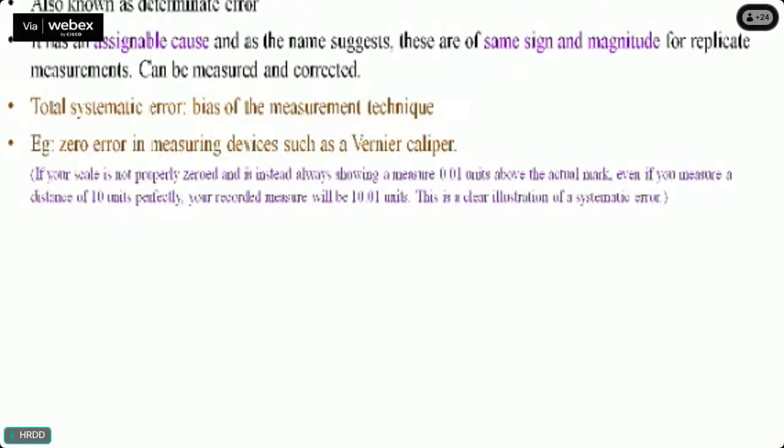That is one type of systematic error. Or one person is always reading the meniscus to the lower one, irrespective of whether it is colored liquid or transparent liquid. That person will always have some inherent error rather than following the rules. So these are two different types of systematic errors.